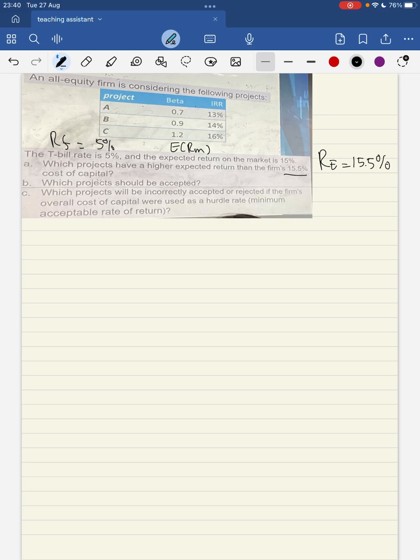Let's try to answer question A together. One of the important factors from the question that we may neglect is the phrase where they quote an all-equity firm. What does this mean? It means that this company is 100% financed by equity.